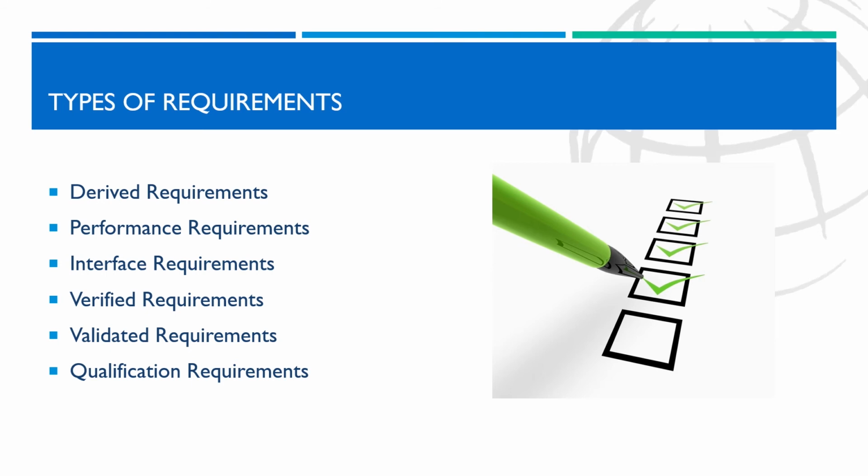All requirements are derived from the system need. Thus, the derived distinction tends to have little significance. However, many systems engineers distinguish between externally identified requirements and requirements that are derived under the control of the engineer.